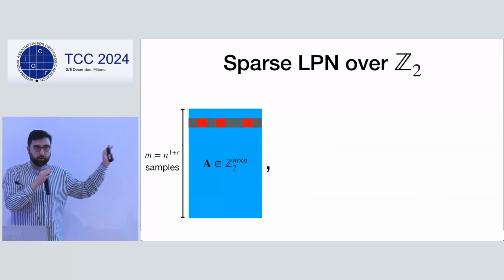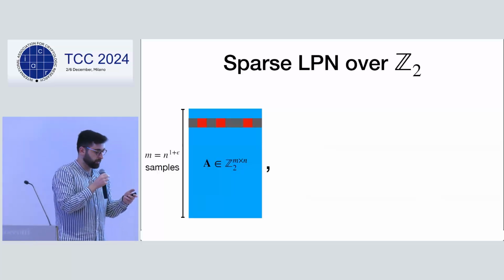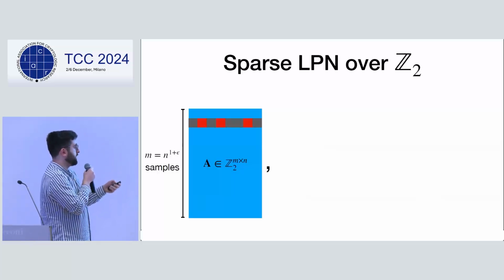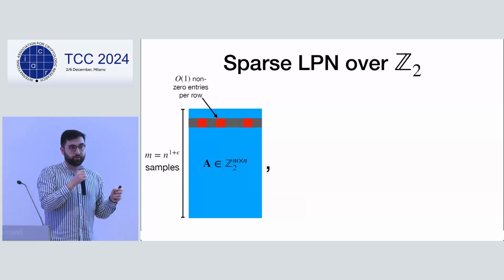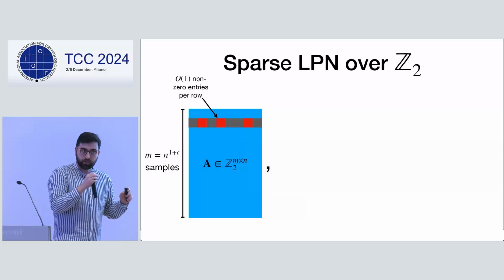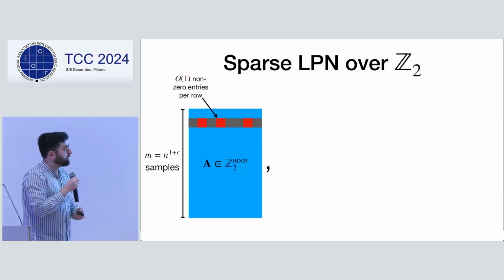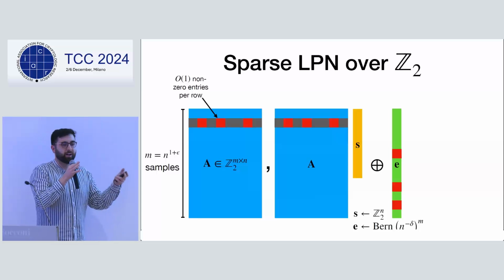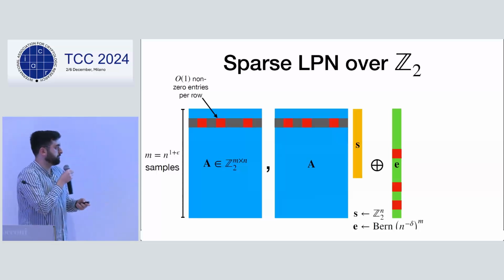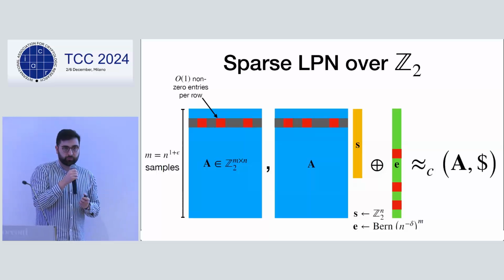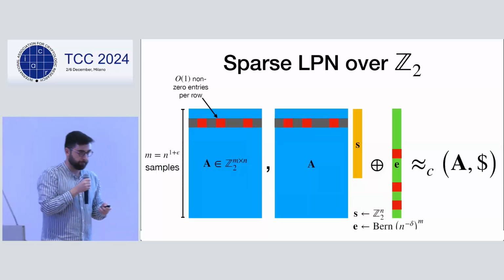Let me be more concrete about what this sparse LPN assumption would look like. It would look like a tall matrix A here, where every row has a constant number of non-zero entries, like think even just 3 non-zero entries. And then you have this LWE-style or LPN-style sample with s and e described as before. And the assumption is that this should look pseudorandom.